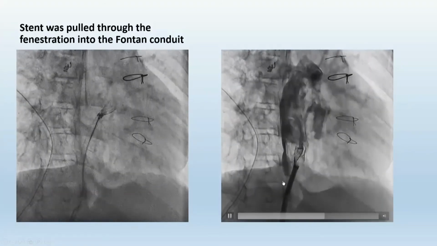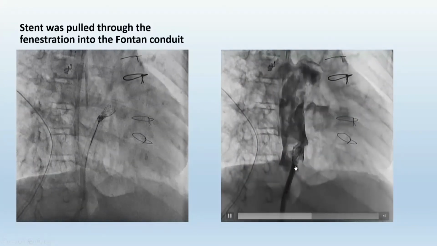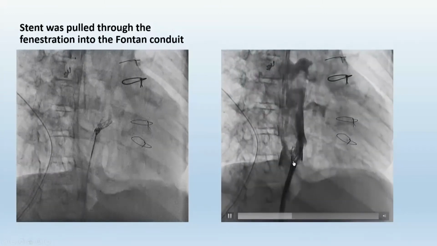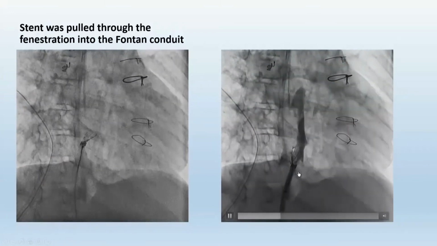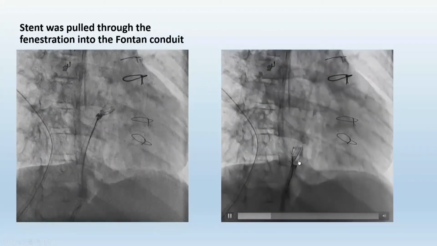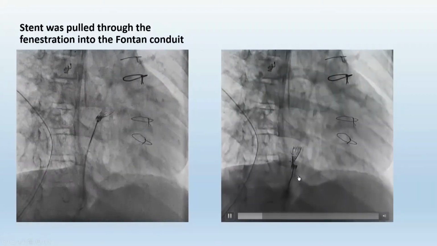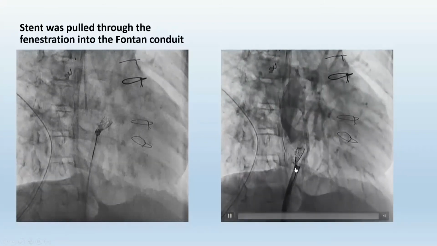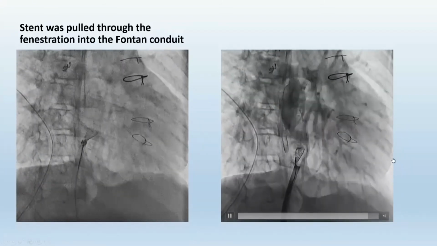And I took pictures, and you see this. But again, you see this open stent from the snare. So I have difficulty again to bring the stent back into the sheath. And you see there's some tear at the mouth of the sheath, which is making things difficult.